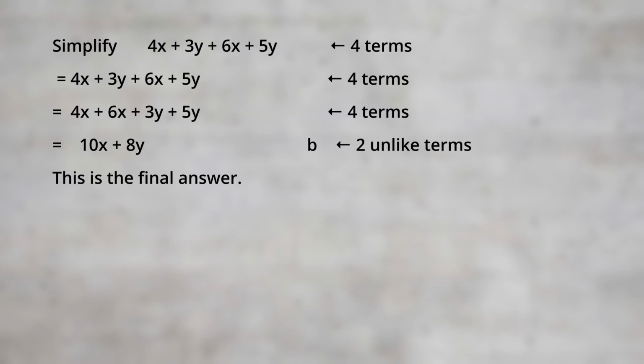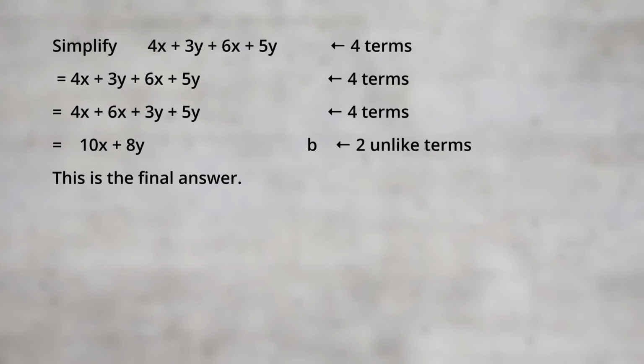Here is another expression to be simplified. 4x plus 3y plus 6x plus 5y. There are 4 terms. 2 are x terms and 2 are y terms. To begin with, let's rearrange the expression and write the like terms together.